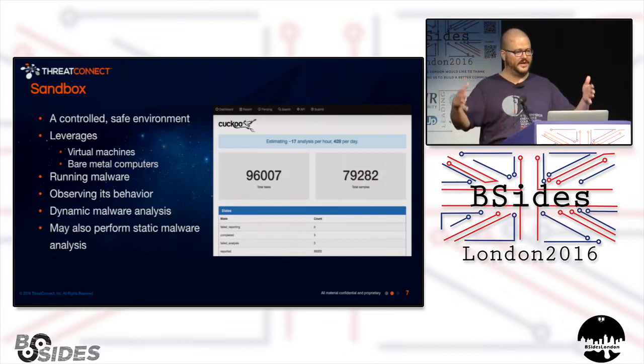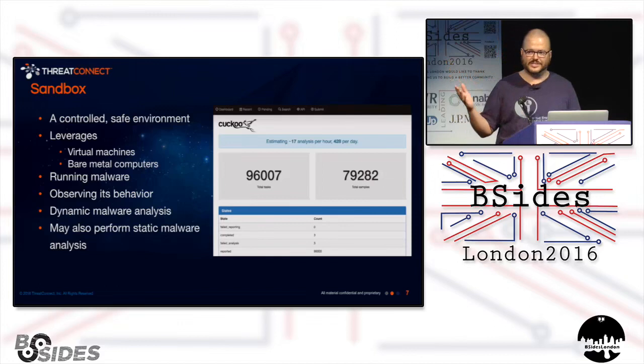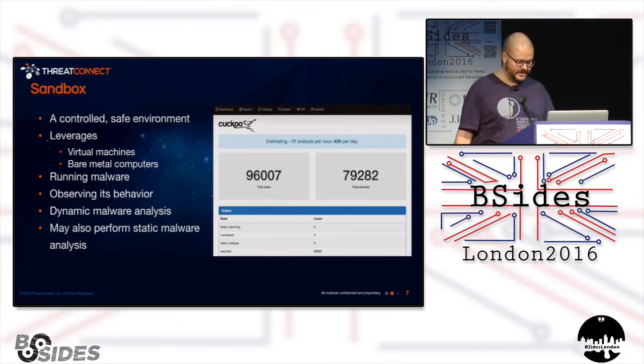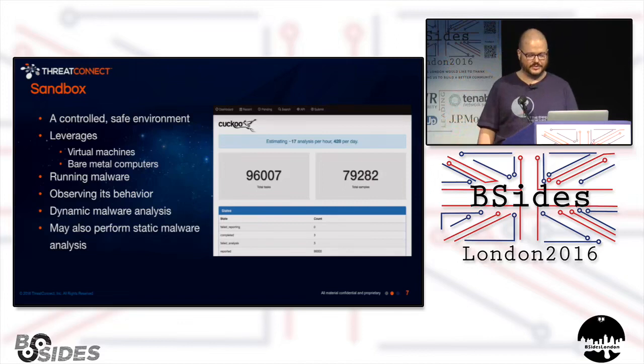And running an entire operating system, even if you're emulating it, is a resource-intensive process. Looking at certain static features in malware takes a very short period of time. There's no additional time for looking for strings and things like that. So you basically get it for free with Cuckoo.